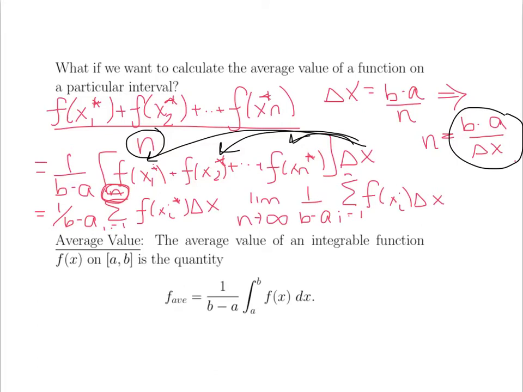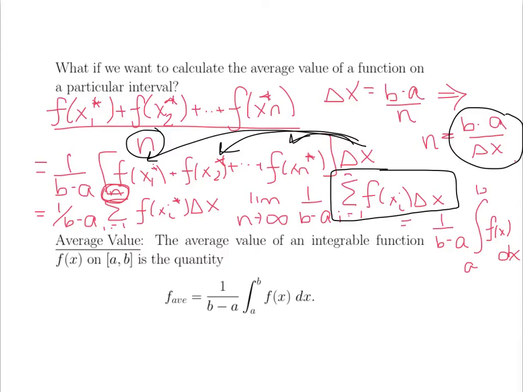And if we take that limit, 1 over b minus a doesn't change as n goes to infinity. But this piece right here, the summation part, if you remember Riemann sums, that by definition is the integral from a to b of f of x dx.